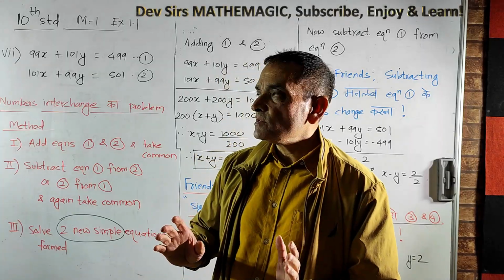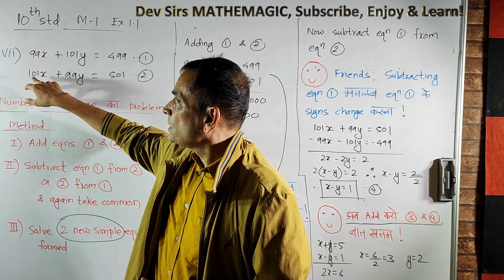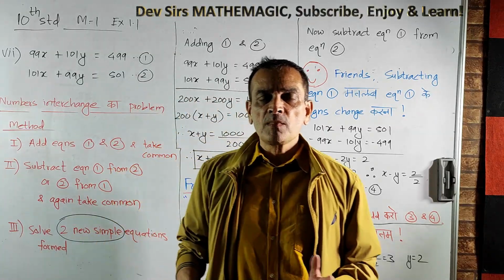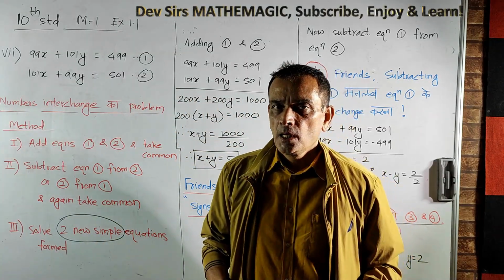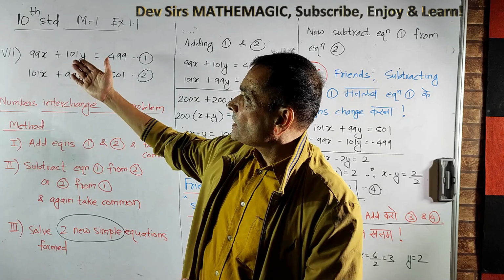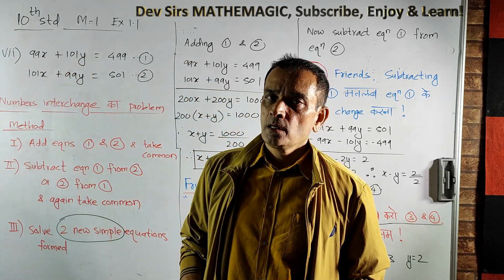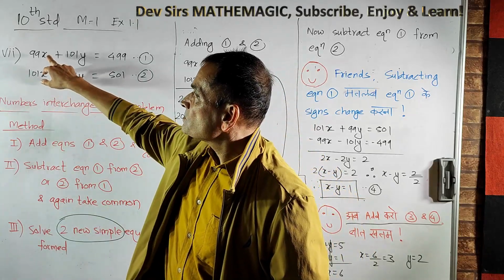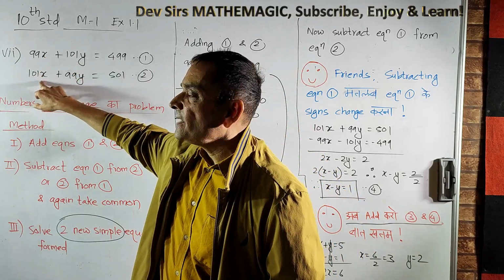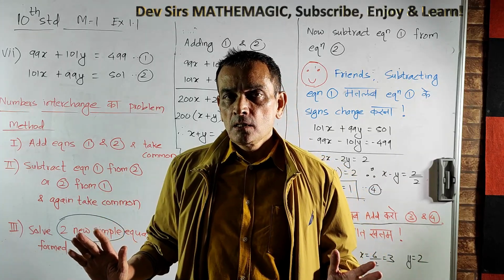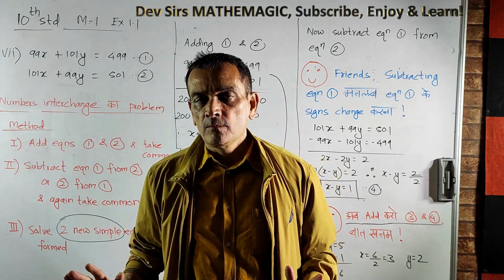Okay? So in this there is one particular method. Now look, yesterday we saw that we could make the terms same by multiplying any one equation by any one number. But here, friends, look, 99 into what is 101? Not possible. You will have to multiply this by 101 and this by 99 to get two big numbers. That will become more complicated.